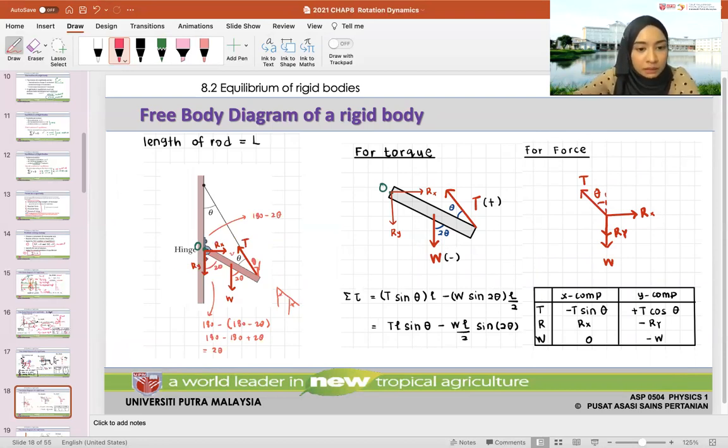Here they defined Ry downwards, Rx to the right. It doesn't really matter. You can actually define your Ry to be this way and Rx to be this way. So if you get a negative Ry, you know that is going down. If your arrow is already going downward and you get a positive value, you know that it is actually going down. So I prefer you guys to go with the conventional sign, which is Ry, Rx. Let's just go for the positive ones.